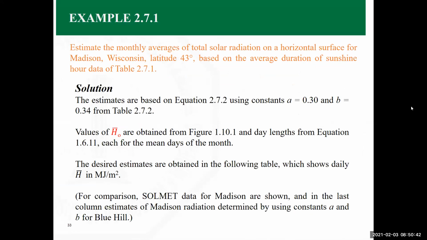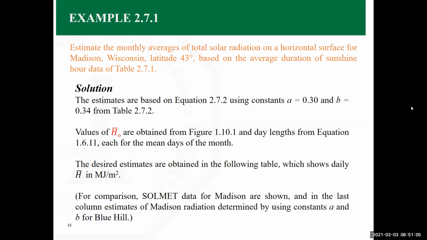The estimates are based on the equations and tables that we have covered previously. Looking at the tables, you'll find that we have values of A as 0.3, B is equal to 0.34 from the previous table, table 272.